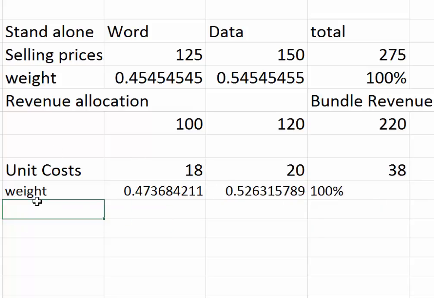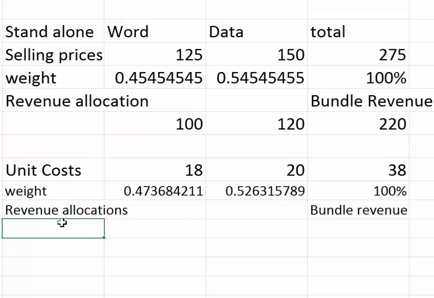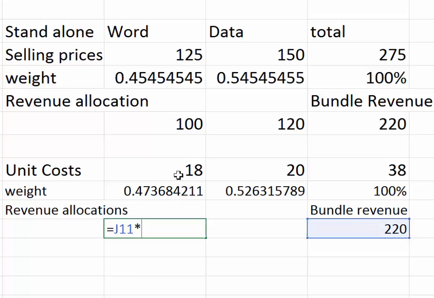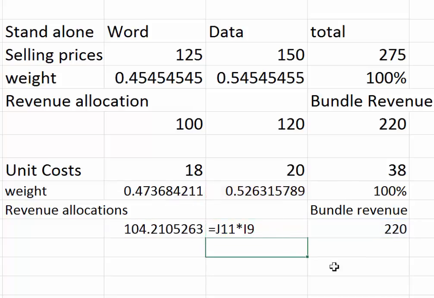Finally, we can do the similar revenue allocation, but with a different weight. Here I also have the bundle revenue. Once again the total is 220, so I'm going to multiply 220 by this weight, and then 220 by the other weight.